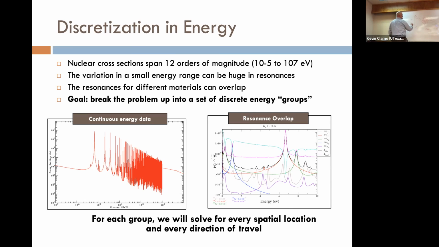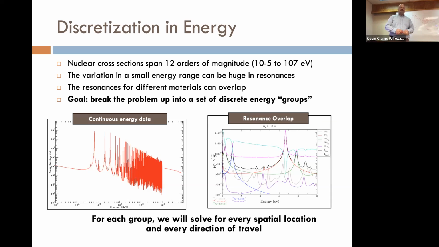But this was on a log scale. And so these changes in cross-section can go from maybe 10 to the -3 to 10 to the +3. And so in a very small energy range, you wind up with a very big change in those cross sections.